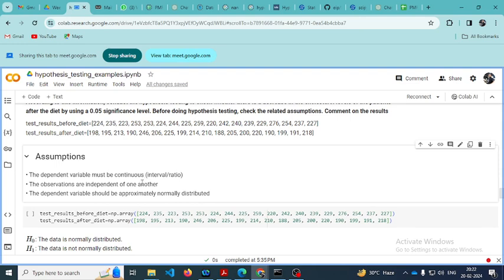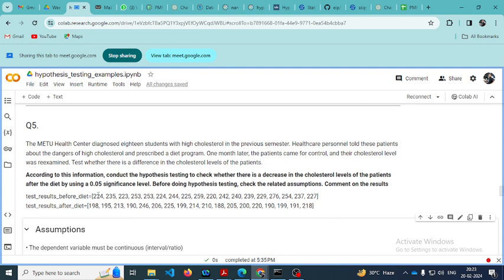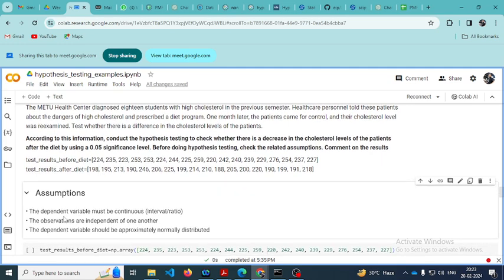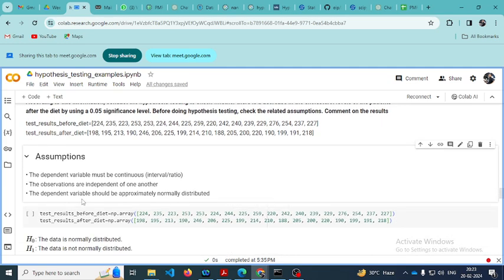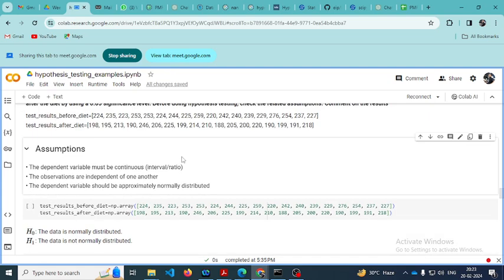This is continuous or some kind of interval data. The next assumption is that the observations are independent of one another. This person's cholesterol and another person's cholesterol are different. Then the third assumption is that the dependent variable should be approximately normally distributed. Similarly, you can check this. These are my assumptions.